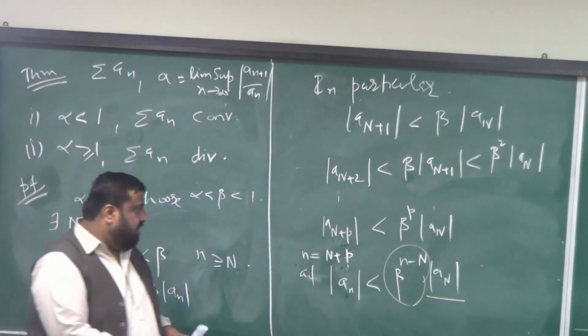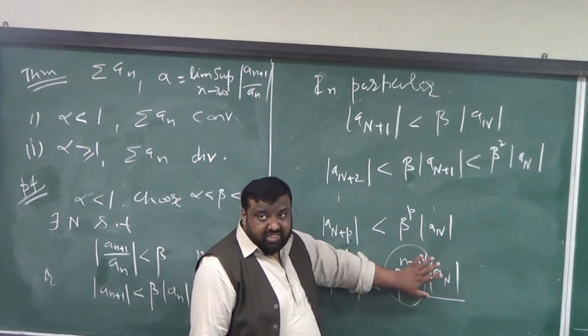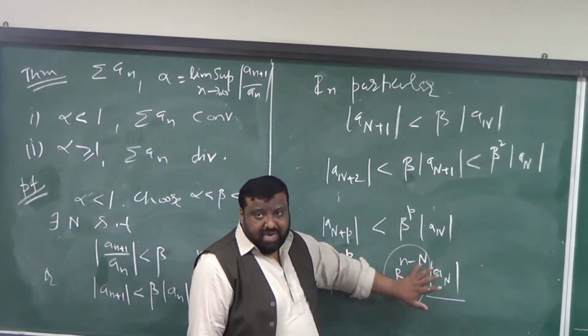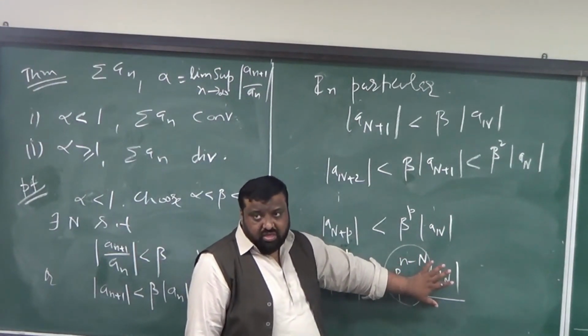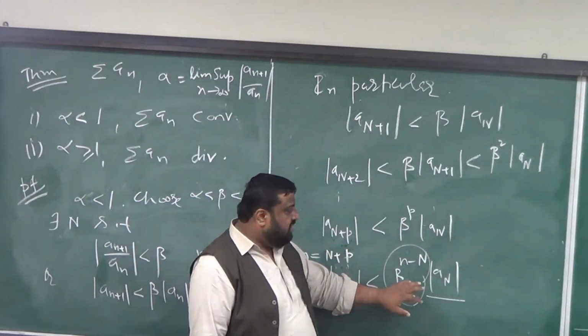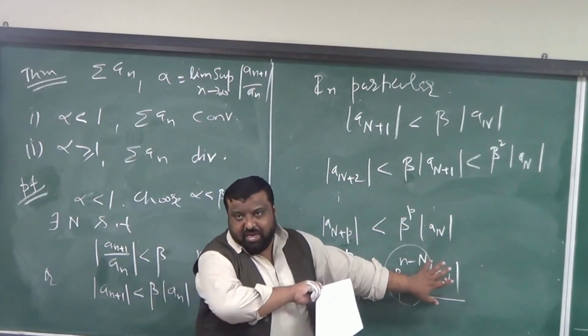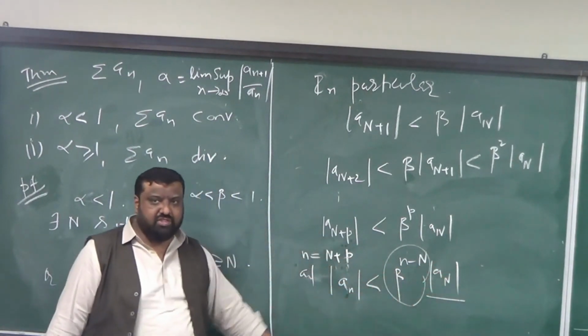If I make a series out of it, that series is going to be a geometric series, which is going to indeed converge. So this is converging because this is a fixed number. If I have a convergent series and I multiply it with some number, it's still going to converge. It's not going to make any difference.